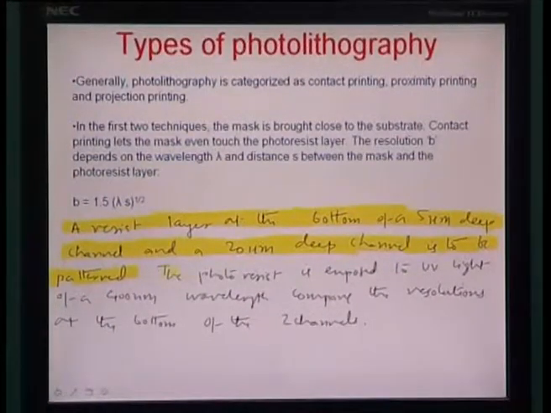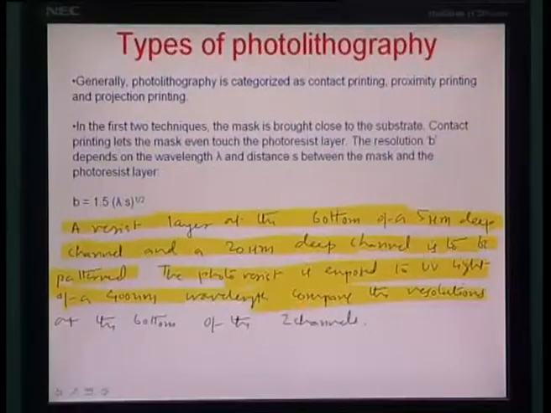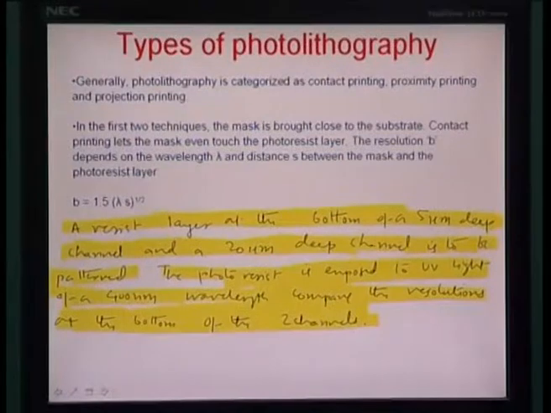The photoresist is exposed to UV light at a 400 nanometer wavelength. So, we have to compare the resolutions at the bottom of the 2 channels, one where the depth is 20 microns, another where the depth is 5 microns. Essentially what we are left with is the following.